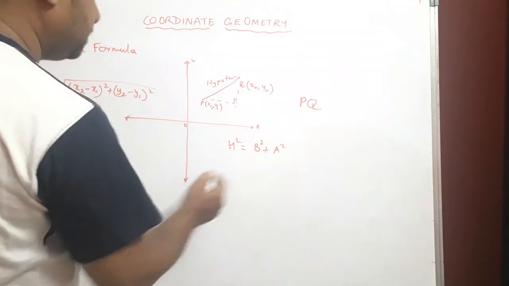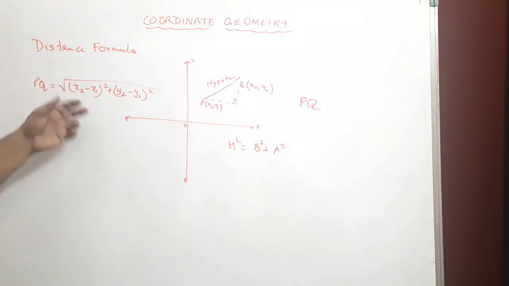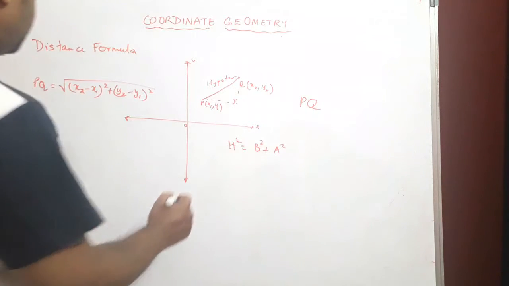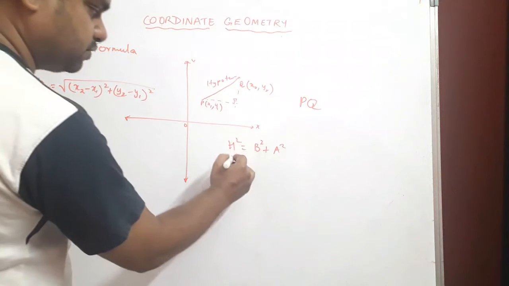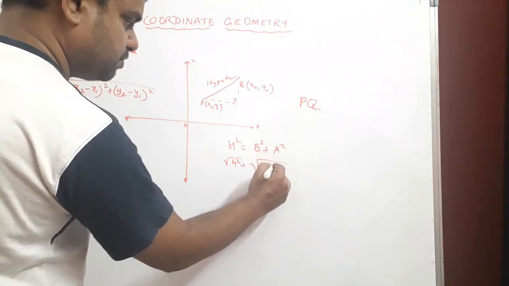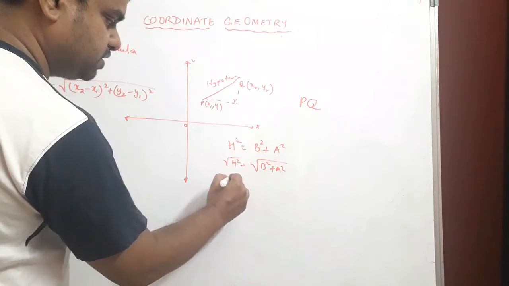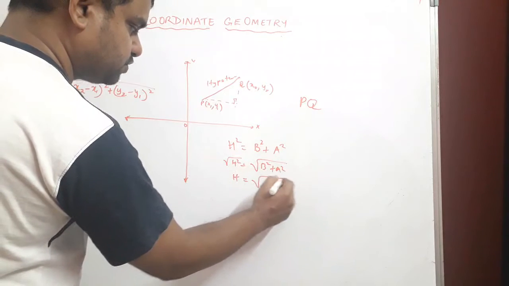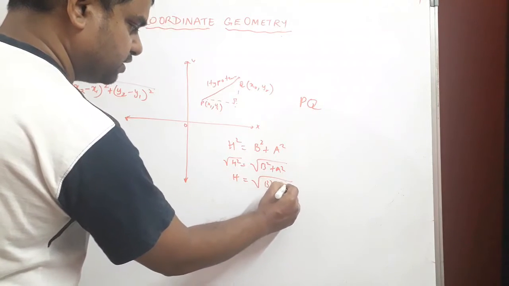Now over here, if we go to derive, this is what we get. If we want to find h and not h square, that would be the square root of h square equal to the square root of b square plus a square, which leaves us with the square root of b square plus a square.